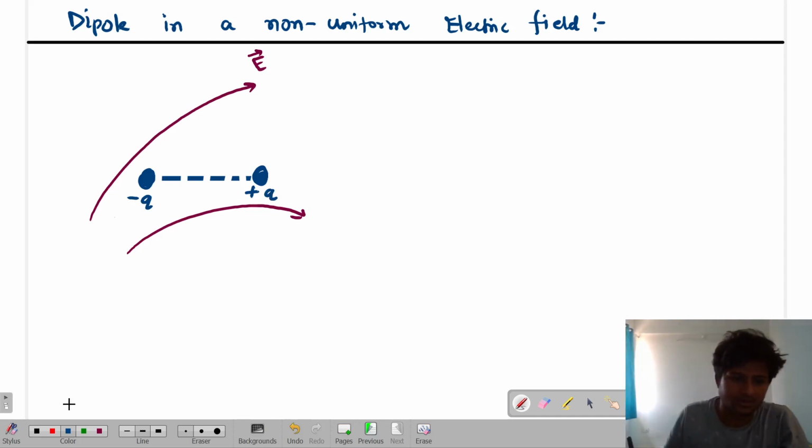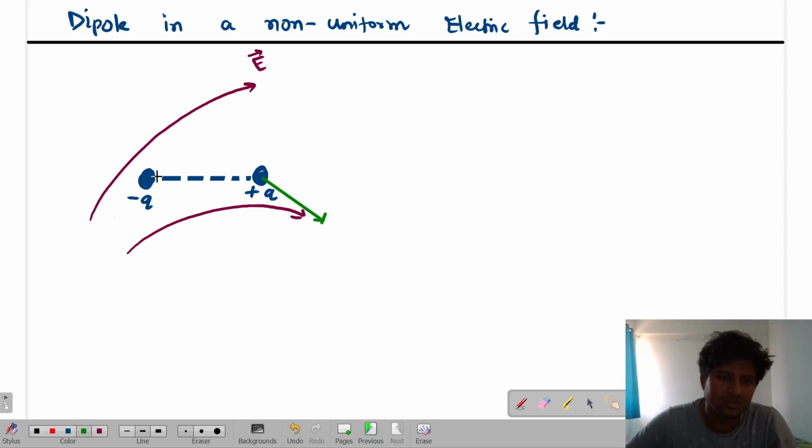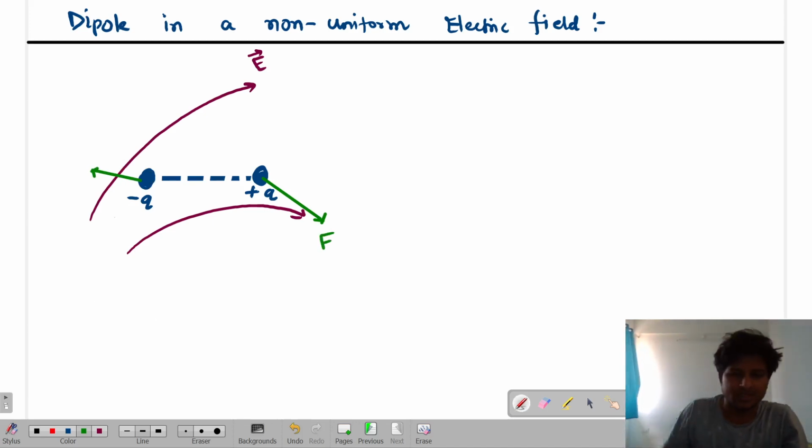See, plus Q, since this electric field is bending towards this side, will feel the force along this side or not? Minus Q will feel the force in the opposite direction of the electric field, isn't it? So it might be like this way. So this is my force F1 and this is my force F2. Are you able to get me or not?